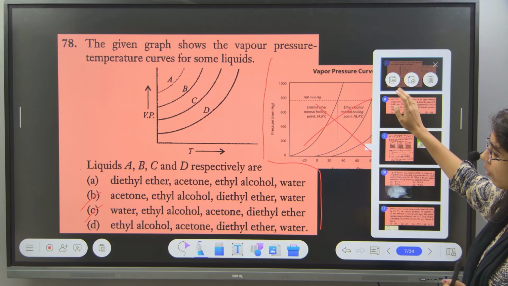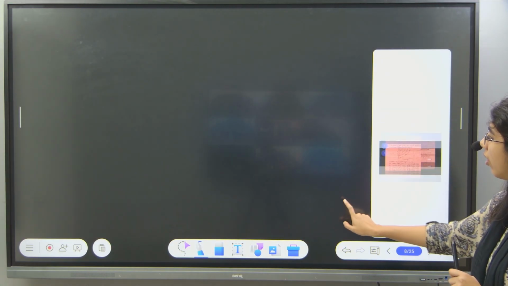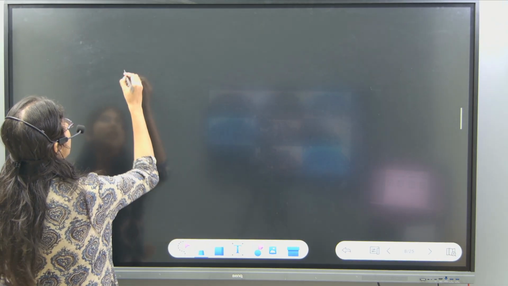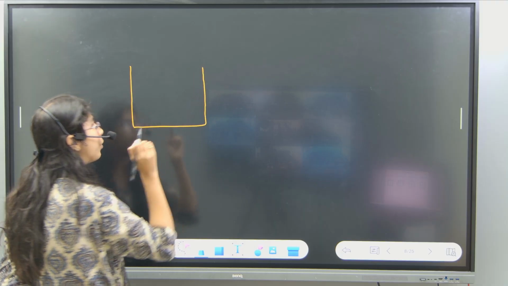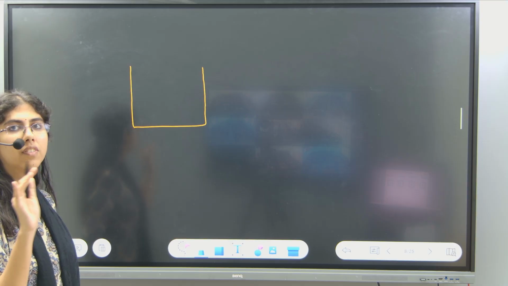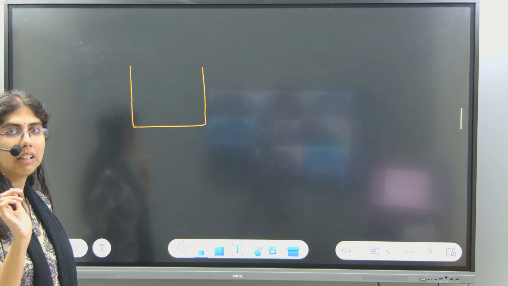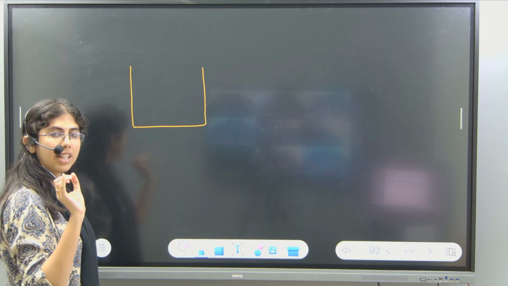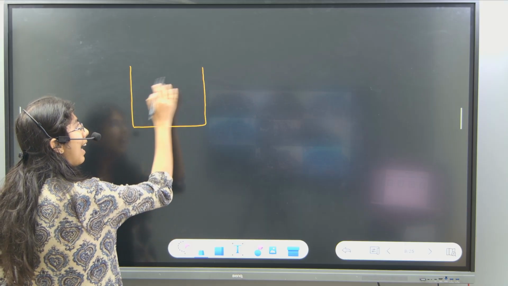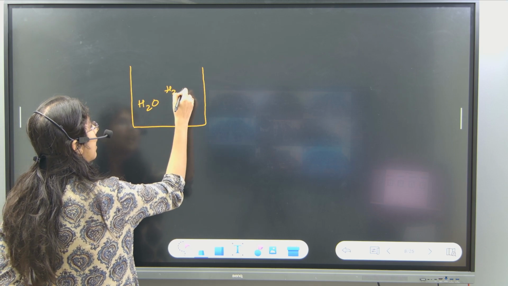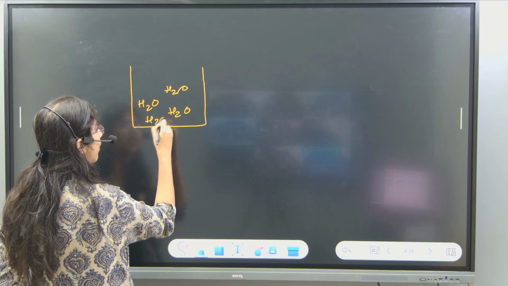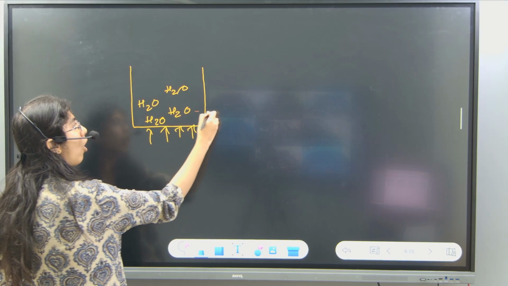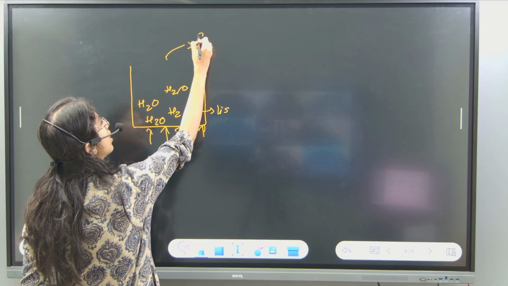Let me explain this. We have diethyl ether, acetone, ethyl alcohol, water. I had explained this concept once to Saint Joseph and Nippani, I guess. Now I have a very basic question. I have water, and I'm heating it. When you're heating, the liquid water will convert into gaseous water.